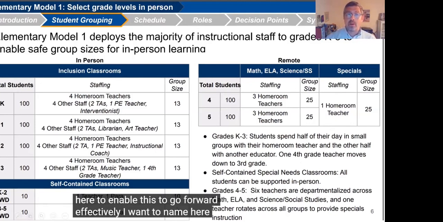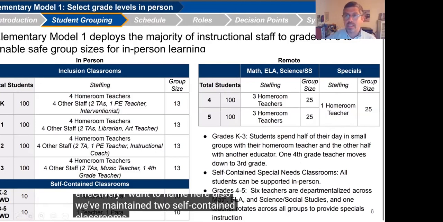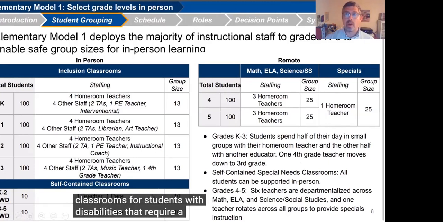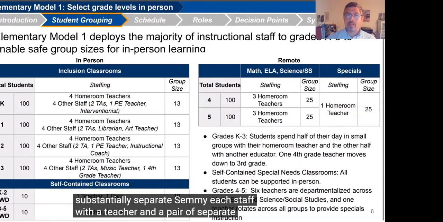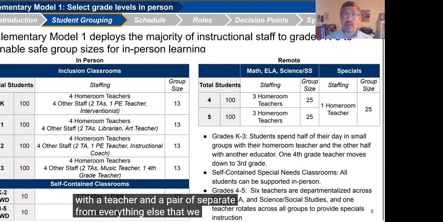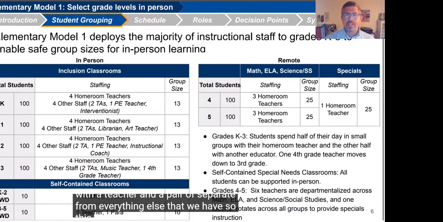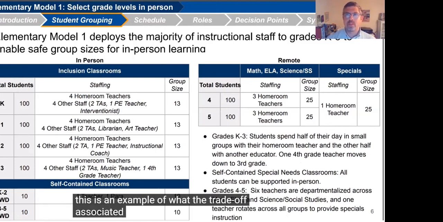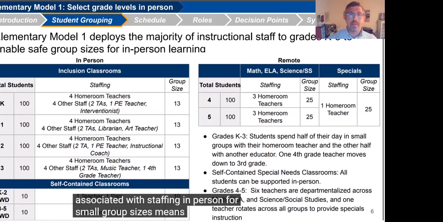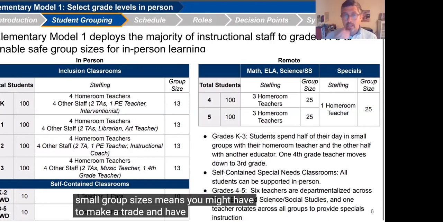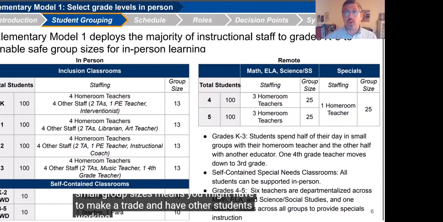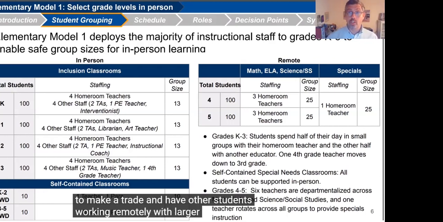I want to name here also, we've maintained 2 self-contained classrooms for students with disabilities that require a substantially separate setting, each staffed with a teacher and a para, separate from everything else that we have. So this is an example of what the trade-off associated with staffing in person for small group sizes means. You might have to make a trade and have other students working remotely with larger group sizes.